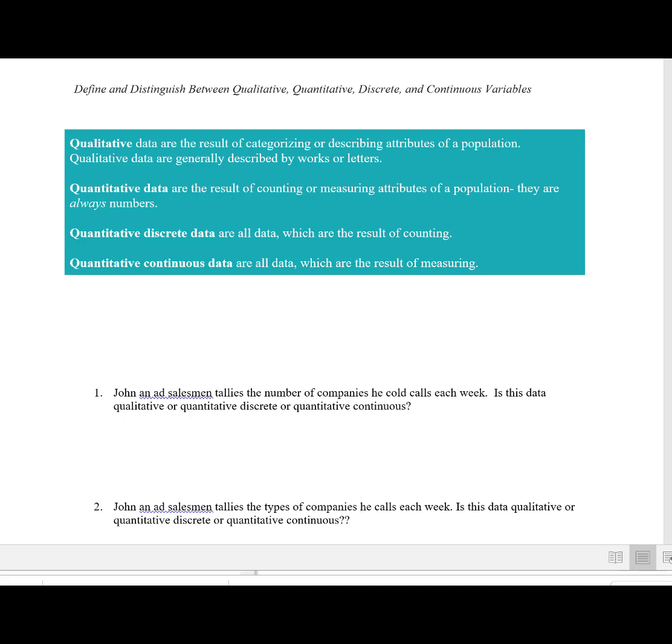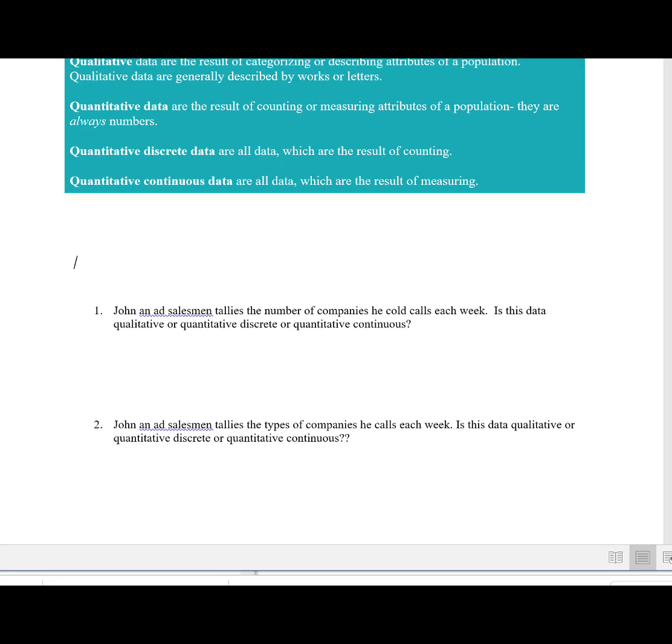John, who's an ad salesman, tallies the number of companies he cold calls each week. Is this data qualitative or quantitative, discrete, or quantitative continuous? Okay, because when he collects the data, he's counting how many companies he calls each week.